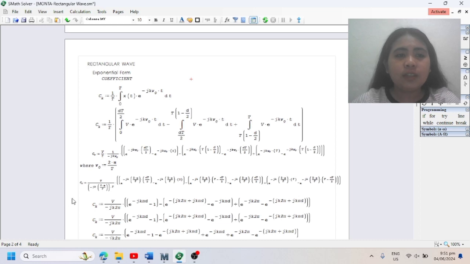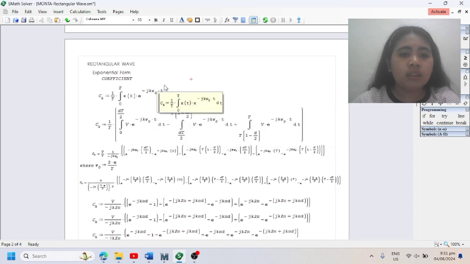So for us to get the exponential form, we'll first find the ck or the coefficient. So ck is equal to 1 over T times the integral from 0 to T of x(t) times e raised to negative j k w sub naught times t dt.